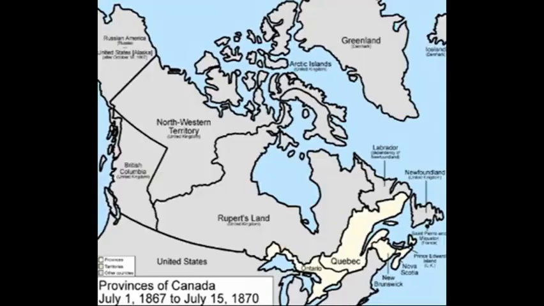Remember, back then, Canada only had 4 provinces: Quebec, New Brunswick, Nova Scotia, and Ontario, and it was just a little tiny bit of Ontario, about maybe 1/3 of Quebec, and the entire province of New Brunswick and Nova Scotia.